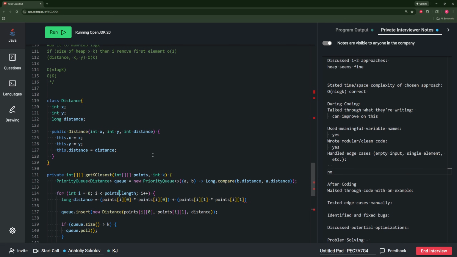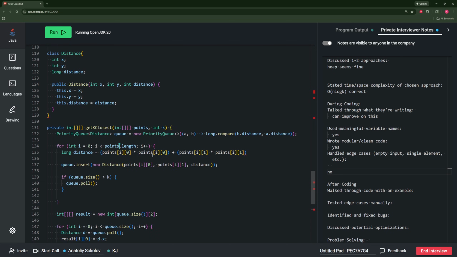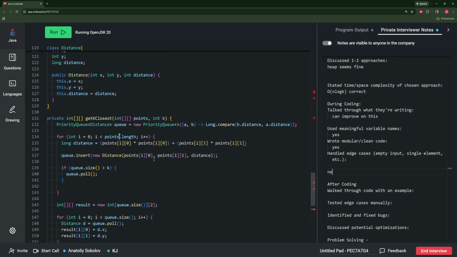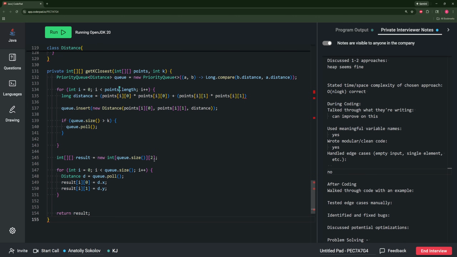I haven't done the square root because I thought it would save computation if I'm not doing it for all of the points. I'm inserting the distance into the queue. After that, I'm checking if the queue size is greater than k. If it is, then I am removing the top element, and this continues for all of the elements in the points array.